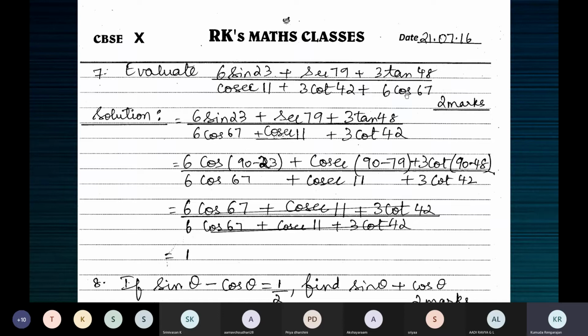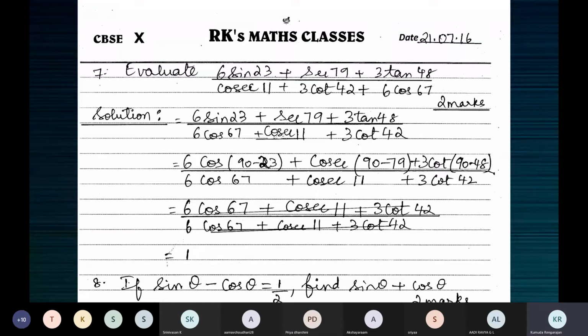Sine, cos, here, sine 23, cos 67. But we know that sine 23 is equal to cos 67. Let me just give you some time to think, children. Now we'll use the table which we know. What is the value of sine 30 degrees? 1/2, ma'am.